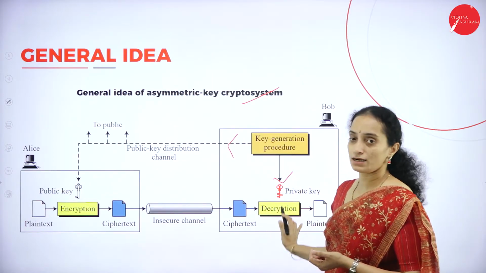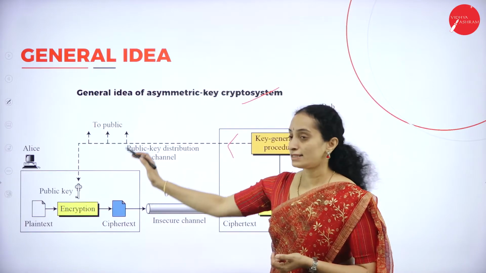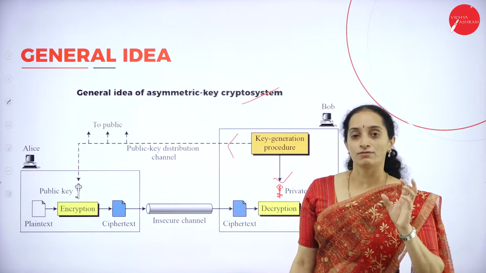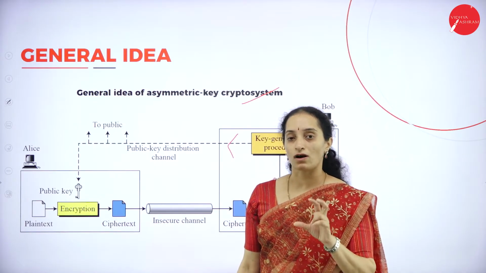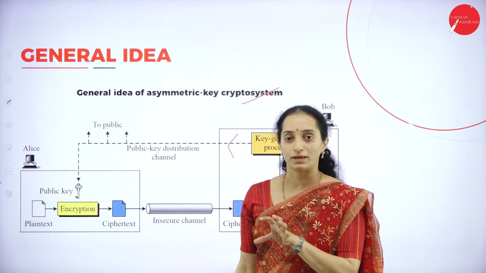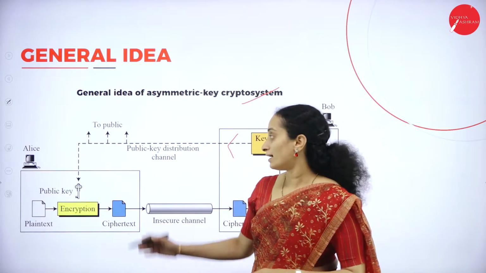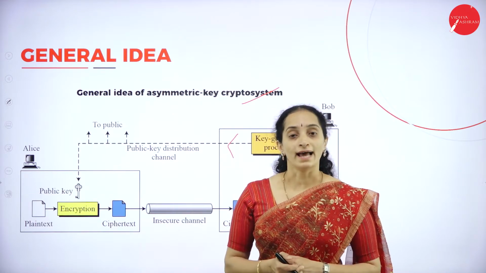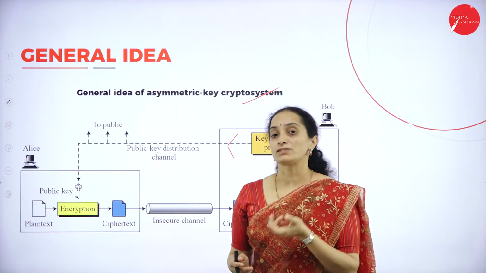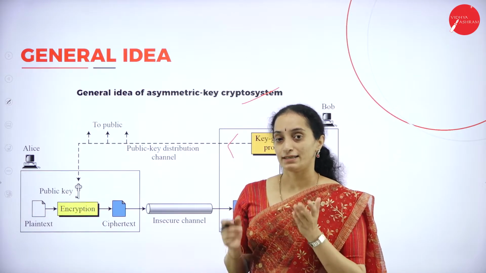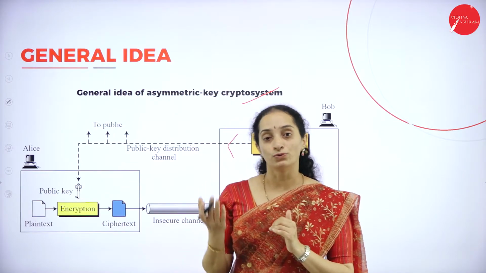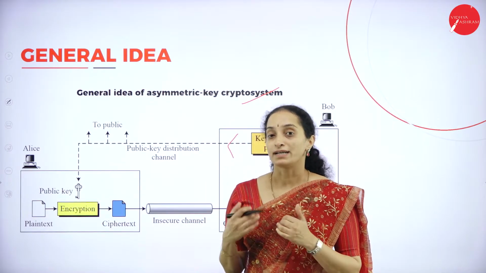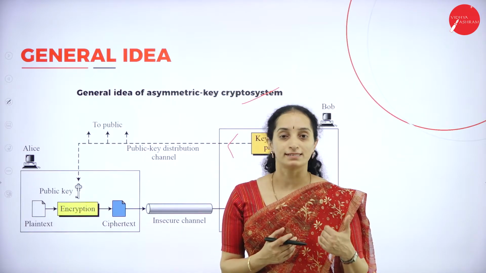So Bob or the receiver sends the public key along with his IP address or along with his identity information. Why? Because the attacker or the adversary may impersonate his identity. Like he may send a new set of public key pretending that he is the actual receiver of the message.